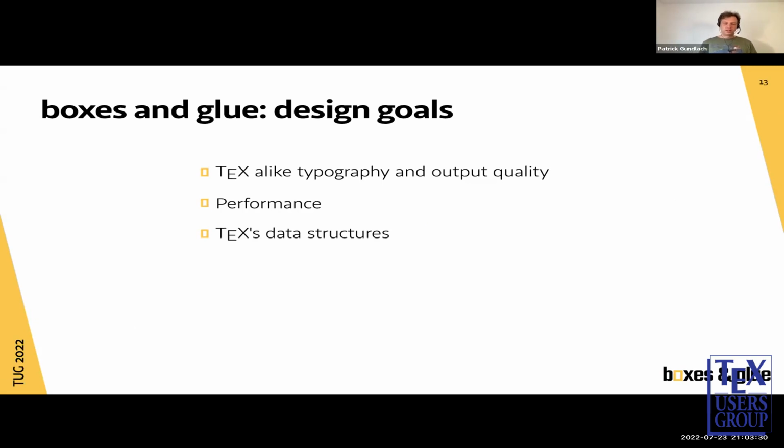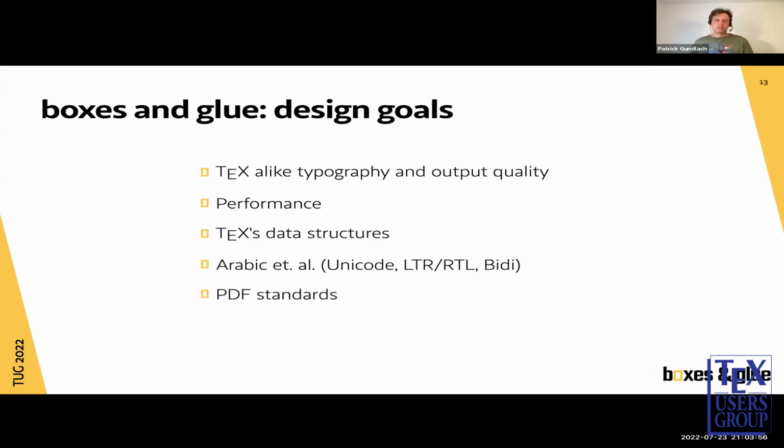So I take all the programming around the nodes from LuaTeX and put this in boxes and glue. And with Arabic, I mean all kinds of non-Western scripts which are encoded in Unicode, and they can be mixed left to right or right to left text. So this should be possible with boxes and glue. And I'd like to support PDF standards such as accessibility and other well-known PDF standards.